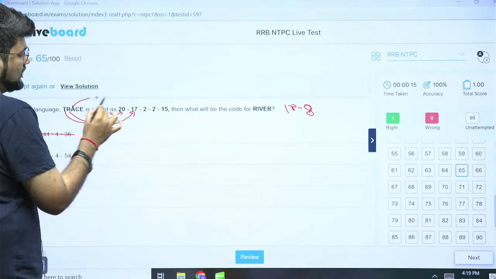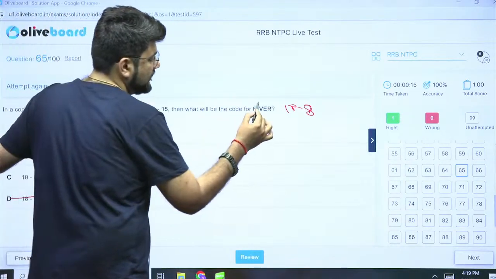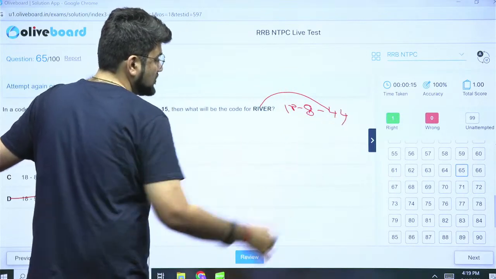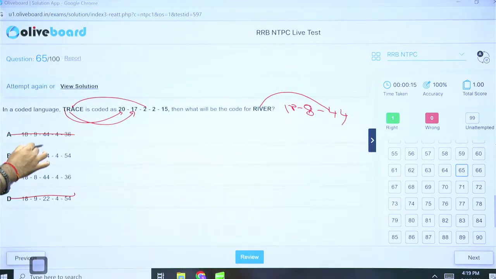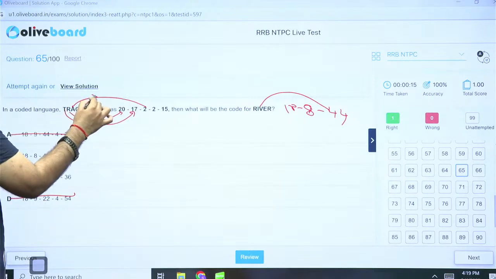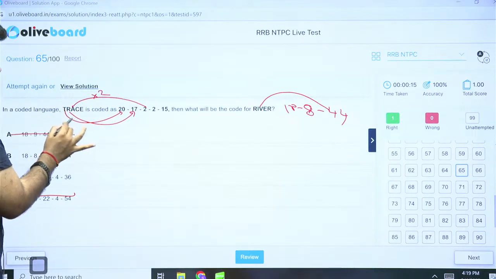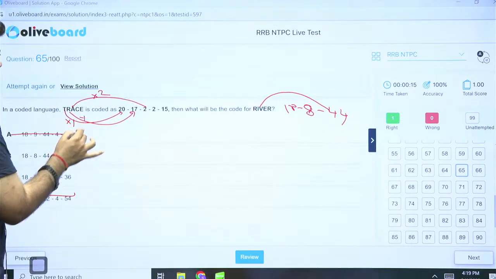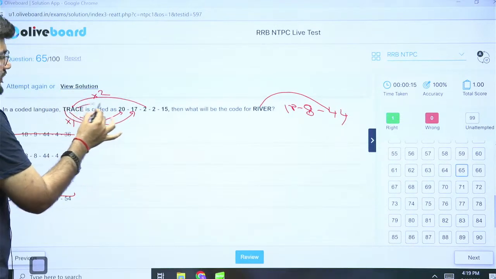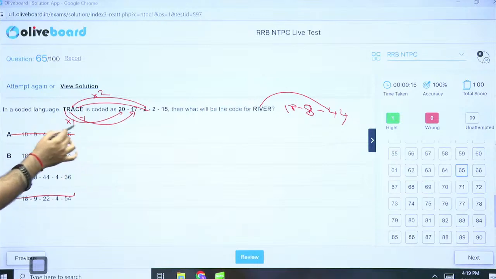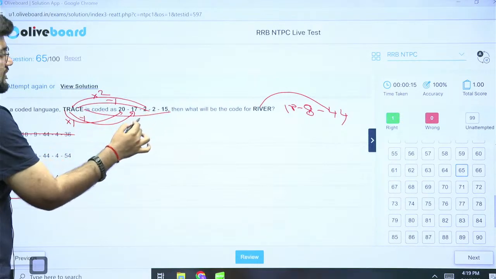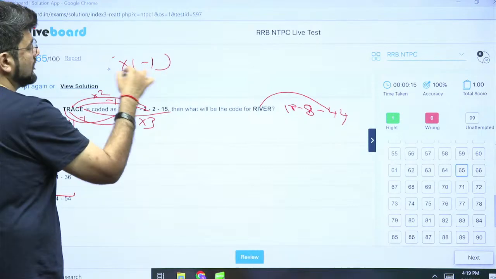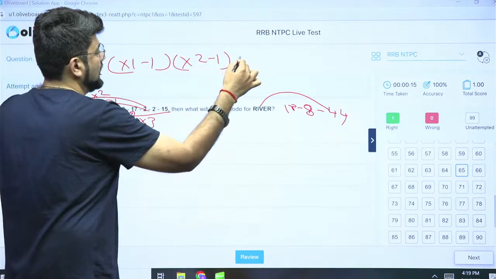We see that A and 2 is plus 1. But here V 22 plus 1 should have been 23. You don't have that option. You have an option of 44. Major options are of 44. That implies that this is being doubled. So the third one was actually being doubled. So technically, can you say that the first one was being multiplied by 1, the second one was reduced by 1, third one was double, fourth one is again reduced by 1, and the fifth one is tripled again.